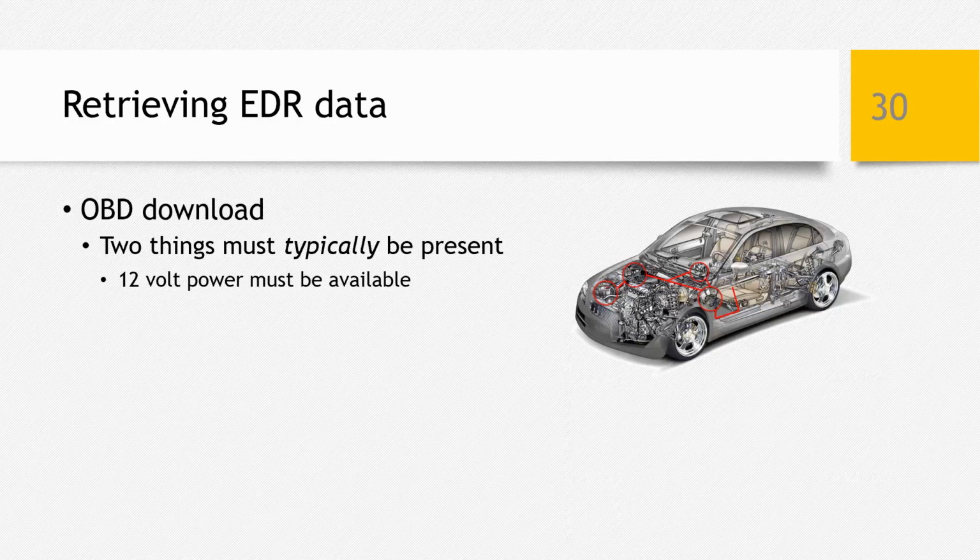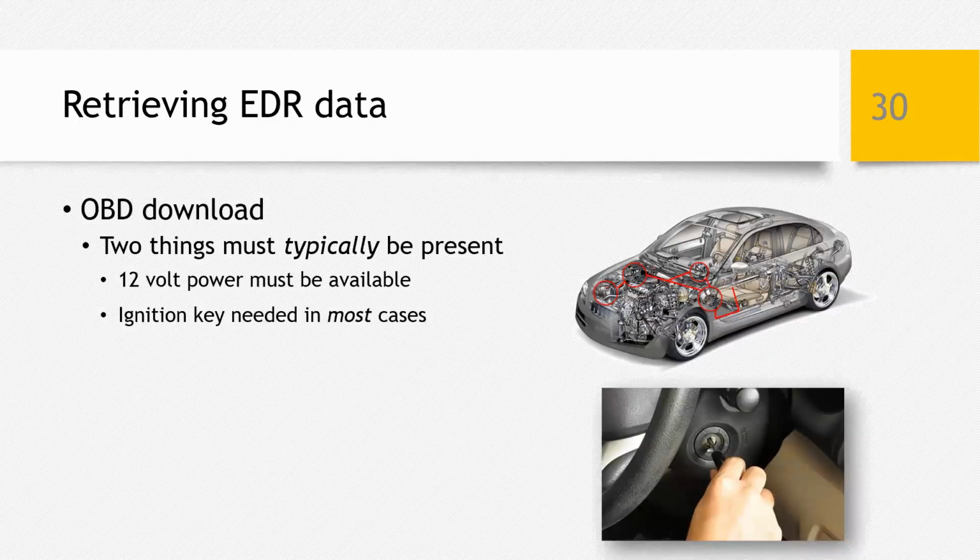So our power source for electronics, things like radios and headlights and the airbag control module in a passenger vehicle, even hybrids, is the 12-volt battery. So that power in the vehicle is distributed via the electrical system and wiring to these various systems and components, including the airbag control module that we're interested in getting data from.